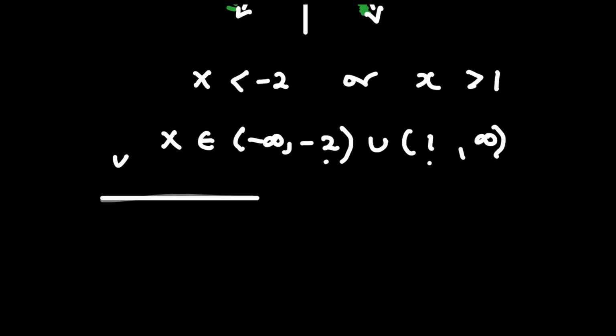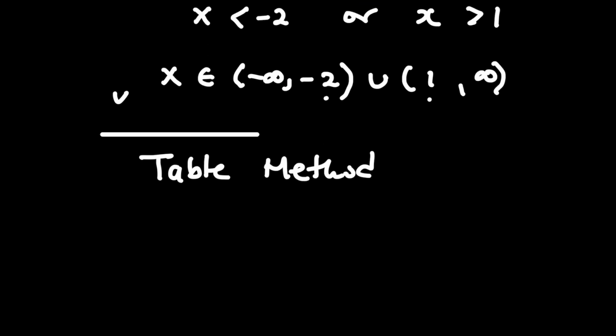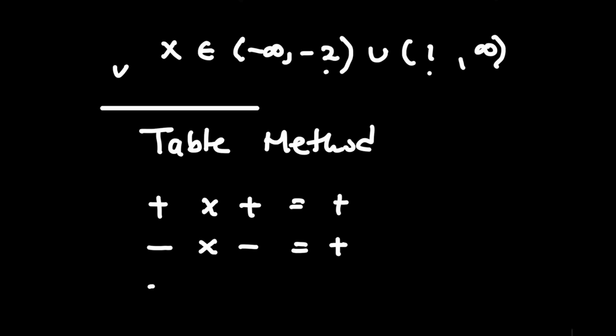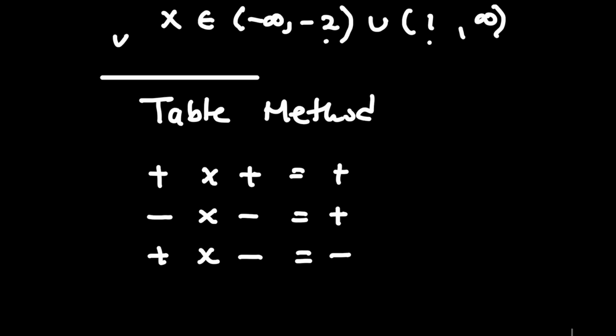Let me quickly show you guys how you can use the table method to solve this. For the table method, the only thing you need to know is that a positive times a positive is a positive, a negative times a negative is a positive, and a positive times a negative, and vice versa, is negative.